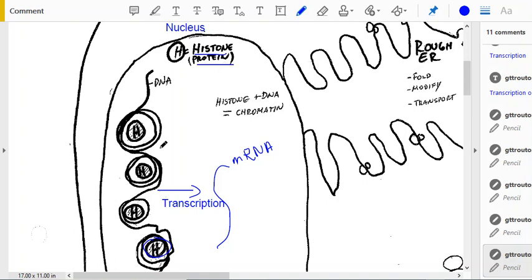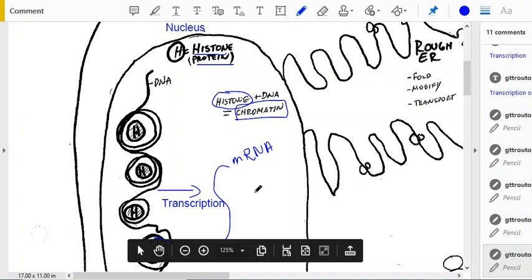And again, the default, if your cell is not replicating its DNA, not copying it, not trying to transcribe it, the default state of your DNA is to be condensed into what is called chromatin. And again, that is just the DNA wrapped around these histone proteins. That way you can pack all of that DNA into such a small space.